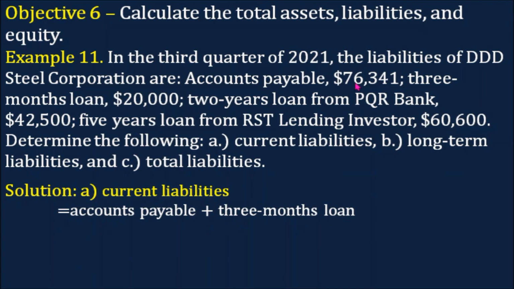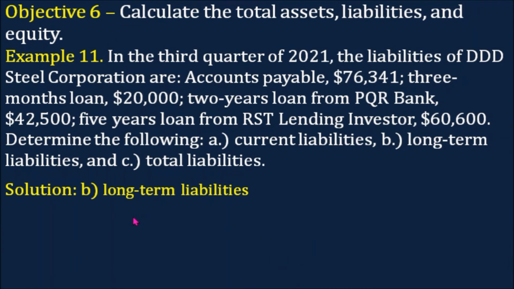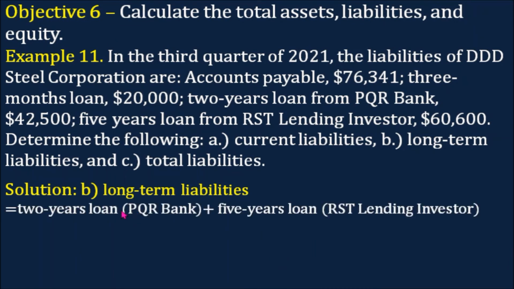So for our current liabilities, we have accounts payable and 3 months loan. So that means we have 76,341 plus 20,000. The sum of these two amounts is 96,341. So this is the current liabilities. For our long-term liabilities, we have 2 years loan from PQR Bank and 5 years loan from RST Lending Investor.